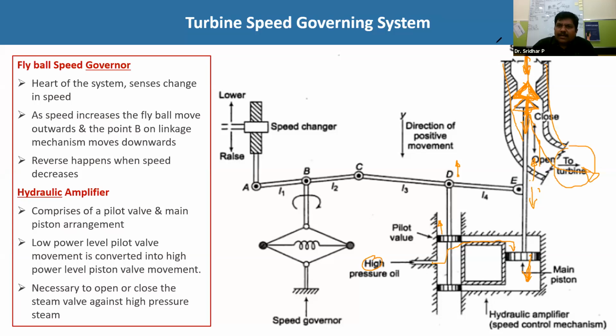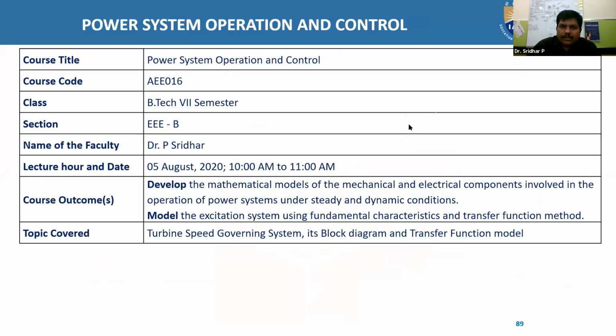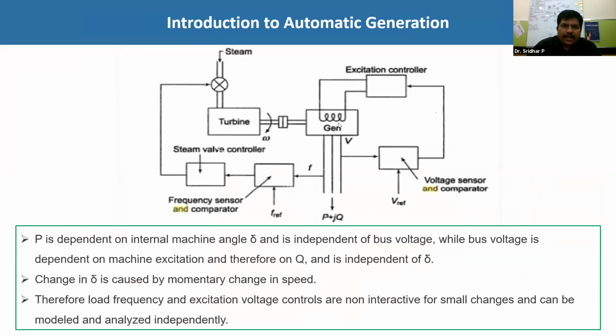Now for a second, if you could go back to yesterday's block diagram. Now see here, the throttle type of arrangement is this. Steam valve controller is nothing but this, this is the point E. It will be controlled by the steam valve controller.